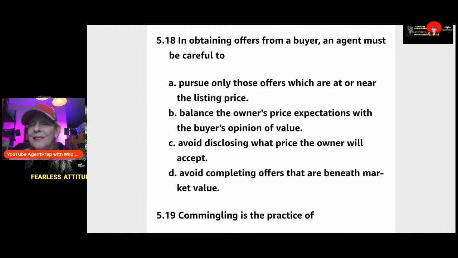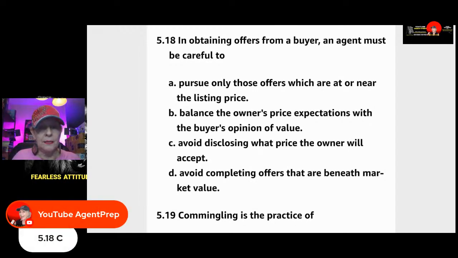But we cannot disclose what our seller is willing to accept, and if we have any offer already on the table, what that offer is. And the buyer agent cannot disclose to the selling agent, to the listing agent, what a buyer is willing to offer. It has to be in writing and negotiated between the clients, between the seller and the buyer.